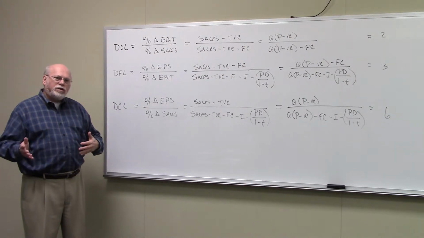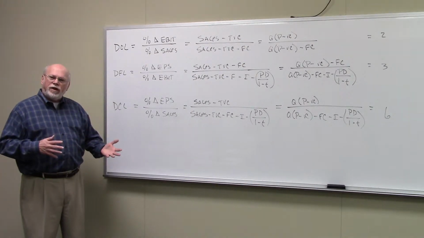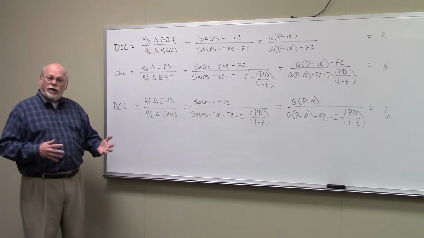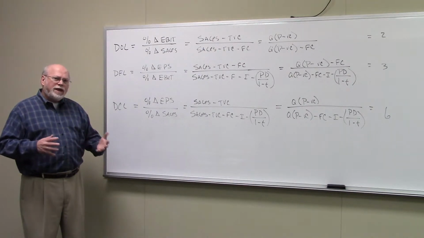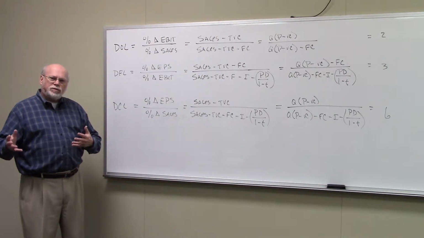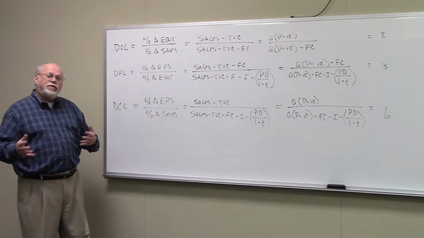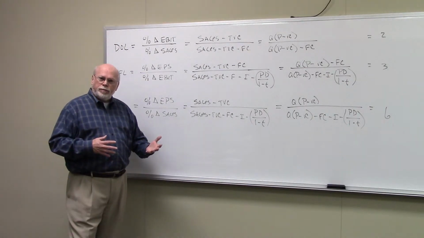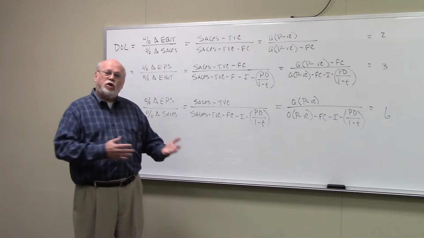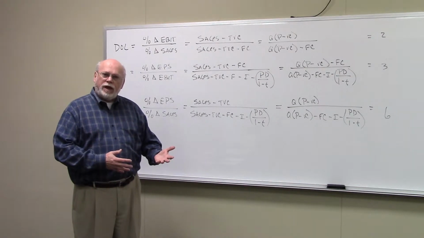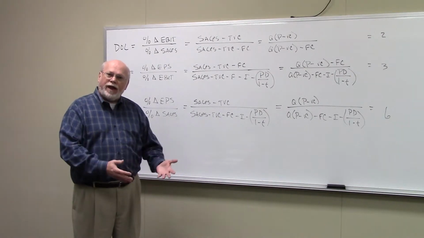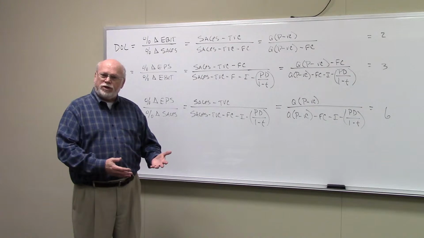Again, the greater this number, the greater the operating leverage a company is employing. All things being equal, that's a riskier situation. If your degree of operating leverage is 2, and sales go down by 4%, then your operating profit is going to go down by 8%.